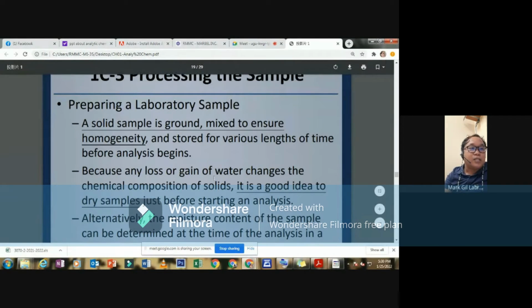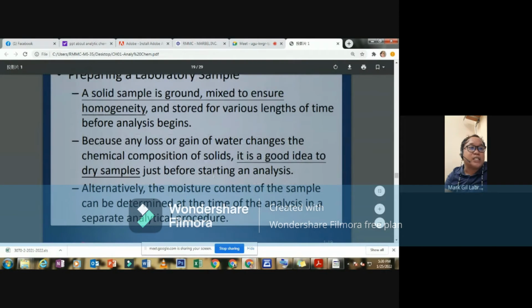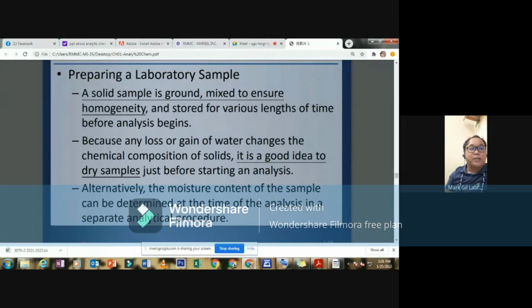Because any loss or gain of water changes the chemical composition of solids, it is a good idea to dry samples just before starting an analysis. So here, parang tinuturuan tayo na a good idea is that dapat yung mga samples natin, especially when it is solid, should be dry before starting an analysis.